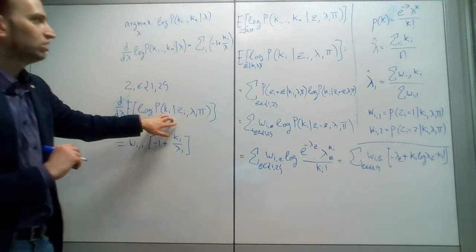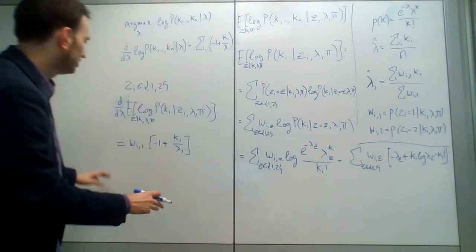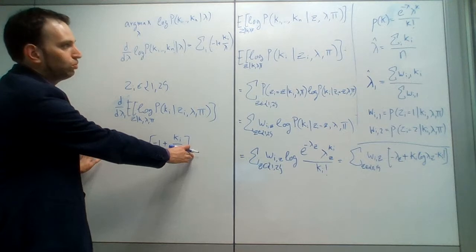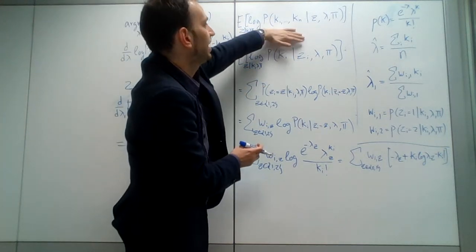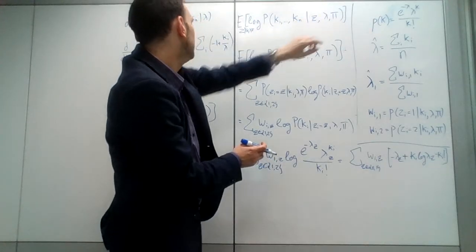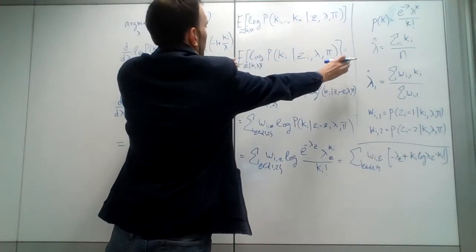All right? So this is the derivative of this term. At this point, we can kind of forget all this because this is the important thing. We're almost there. What we're trying to do is maximize this thing with respect to lambda and pi. So we know the derivative of this guy.